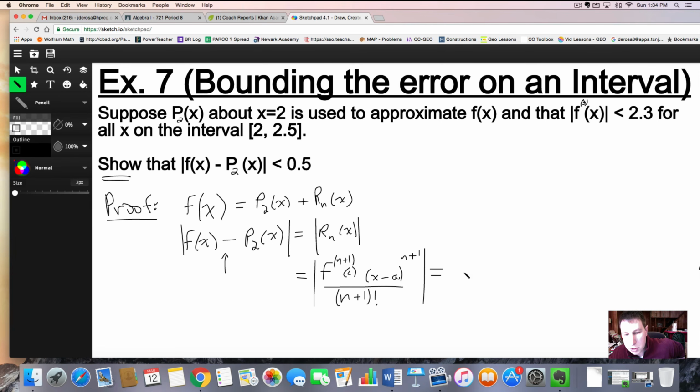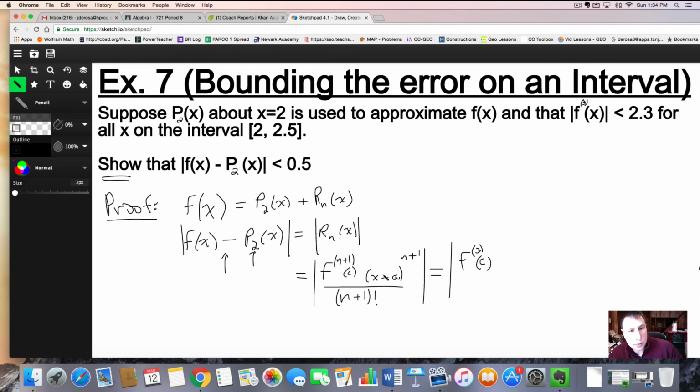Let's force ourselves to consider what each part means. We know p2 goes up to the second derivative, p sub 2. So that means our n is 2 here, and the n plus 1th term will be the third derivative. So this says third derivative evaluated at some c. It's still an equal sign here because we're not going to bound that c term yet. And then given in the problem, it should give us our x and our a.